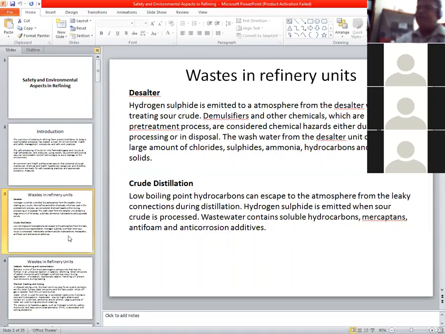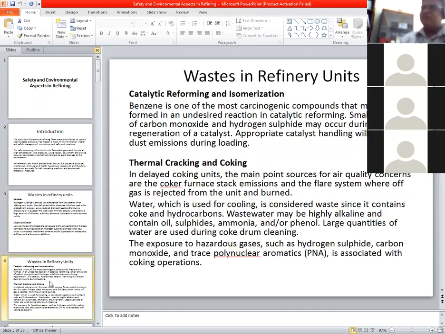Next activity after the crude distillation, you might recall, is the catalytic reformer and isomerization. In the catalytic reformer, since it is using catalyst, the main thing is benzene, produced as an undesired reaction of catalytic reforming.